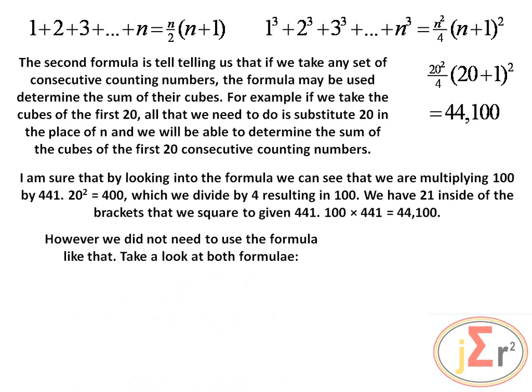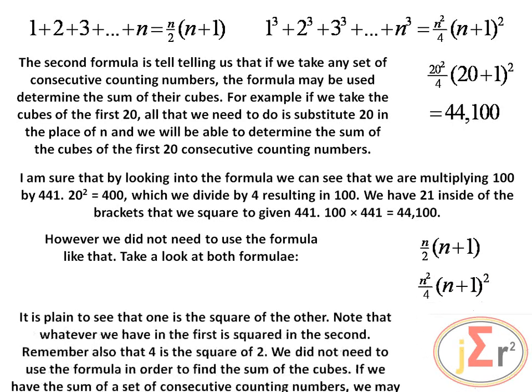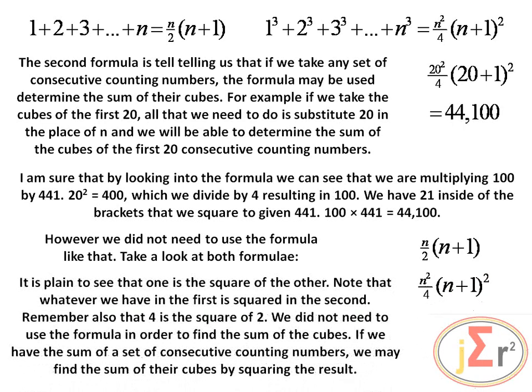However, we did not need to use a formula like that. Take a look at both formulae. It is plain to see that one is the square of the other. And that is what the second part of the problem was trying to establish. That one is the square of the other. But a little bit of it was left to be seen by us.